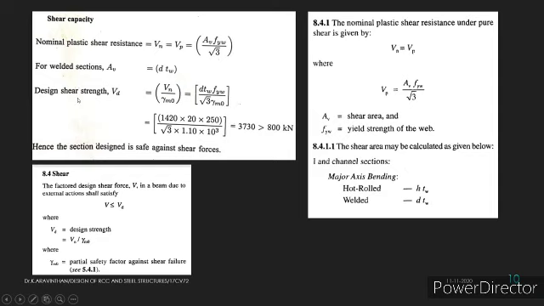Now let us check the shear carrying capacity of our section. We know that this formula came from Vn divided by gamma M. We already know that Vn is nominal shear, that is AvFy divided by root 3. So let us merge these two formulas, you will be getting like this. Now you know that the depth of the web is 1420 and the thickness of the web is 20 mm and yield strength of the steel in that member will be 250 divided by root 3, and gamma M is 1.1.